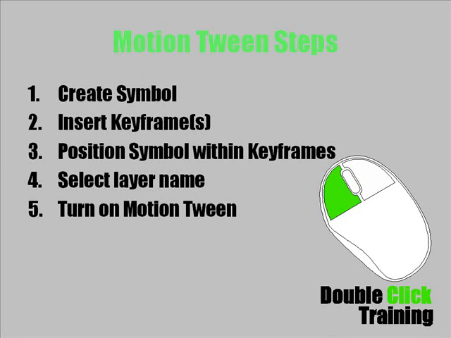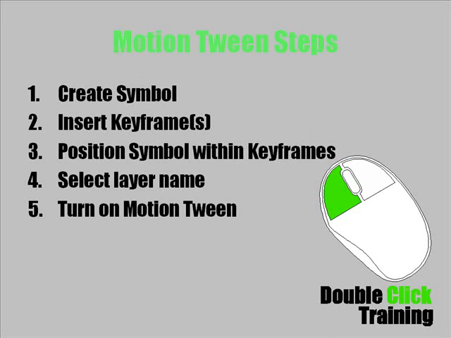Again, when I first started working inside of Flash, something that I forgot to do was to create the symbol. What I would do is I'd just go in and create a circle, for example, and I'd forget to turn it into one of those 3 symbols, that graphic, movie clip, or button.